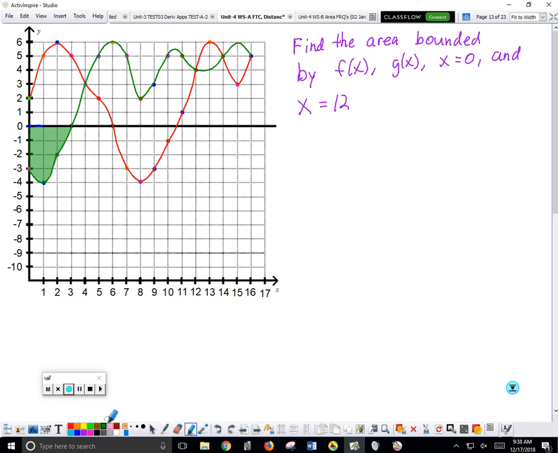Thank you. So I highlight that space, and then we continue with this space.